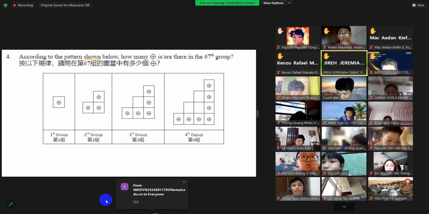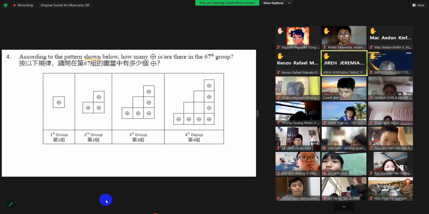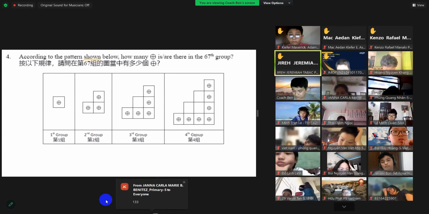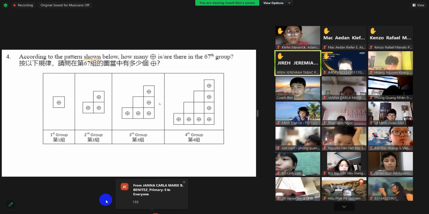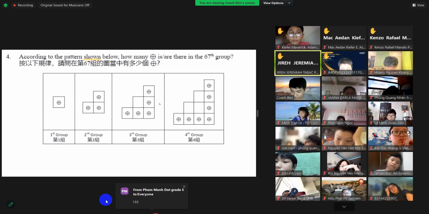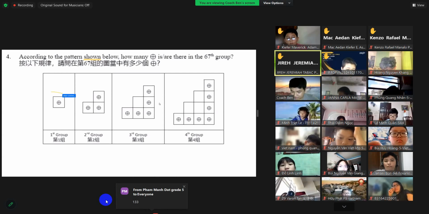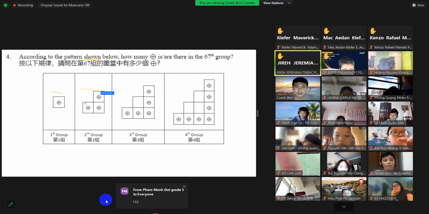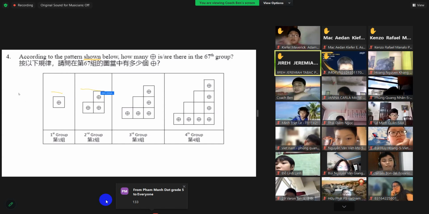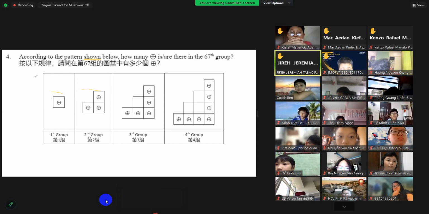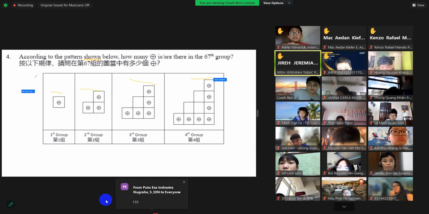So in the pattern below, you can see that there's one symbol in the first group, three symbols in the second group, five symbols in the third group, and then seven symbols in the fourth group.